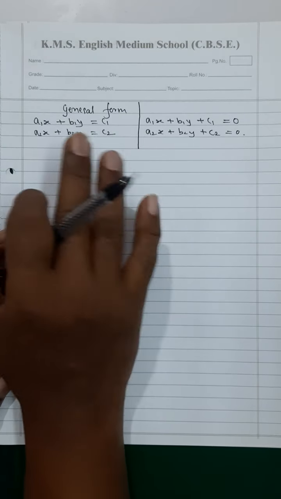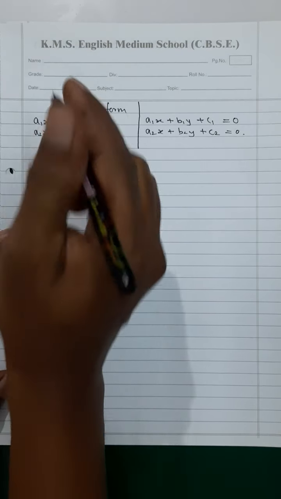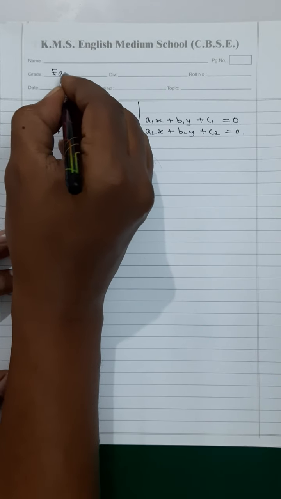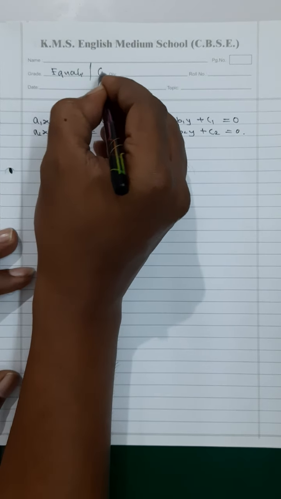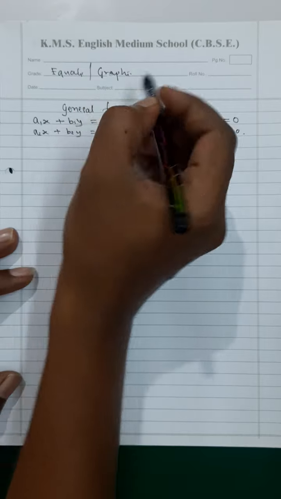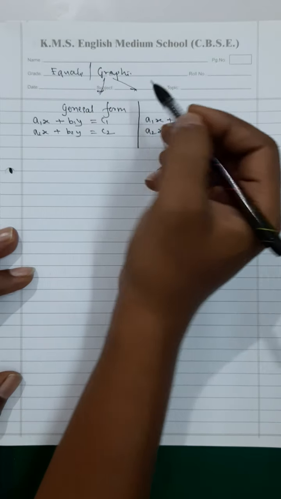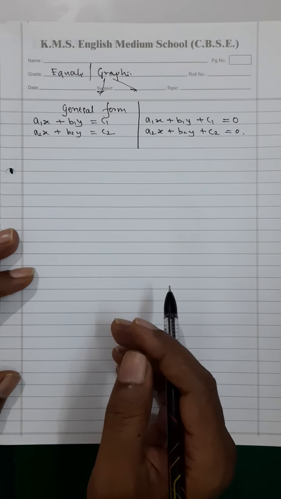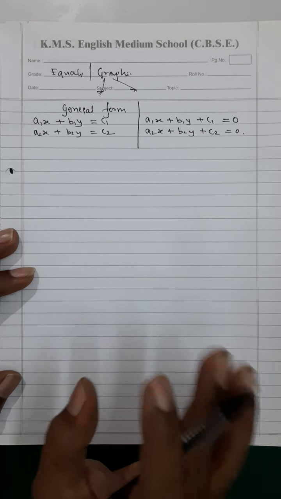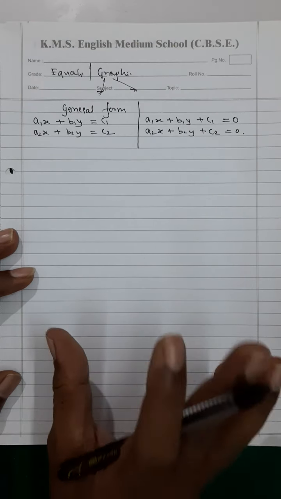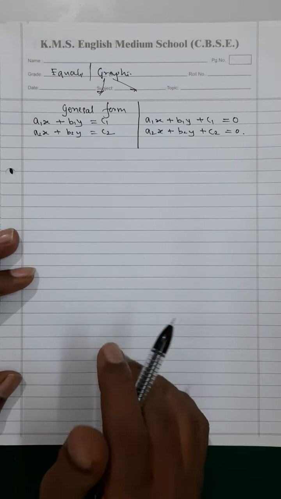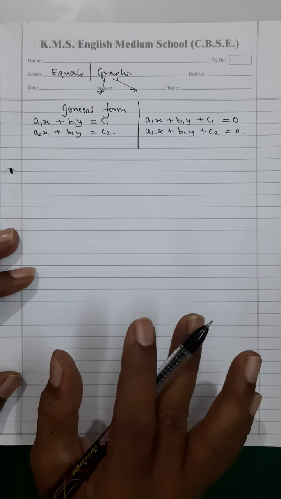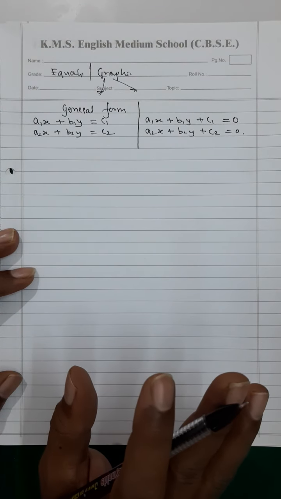It is not going to make much difference for equating coefficient methods and graphical methods whether this or that is the general form. But my dear students, when you go to Kramer's rule or cross multiplication method, it definitely is going to make a big difference.